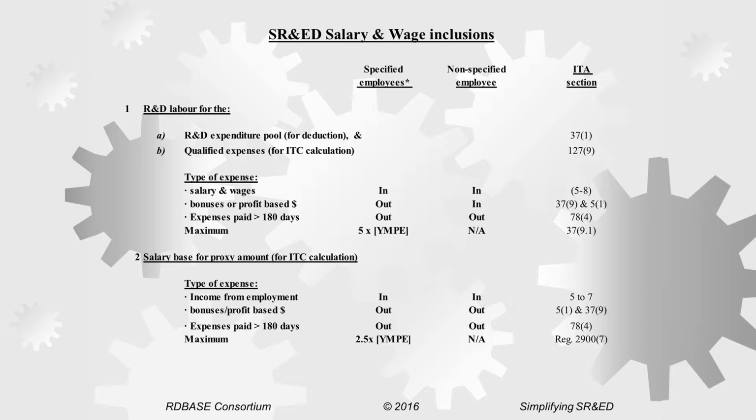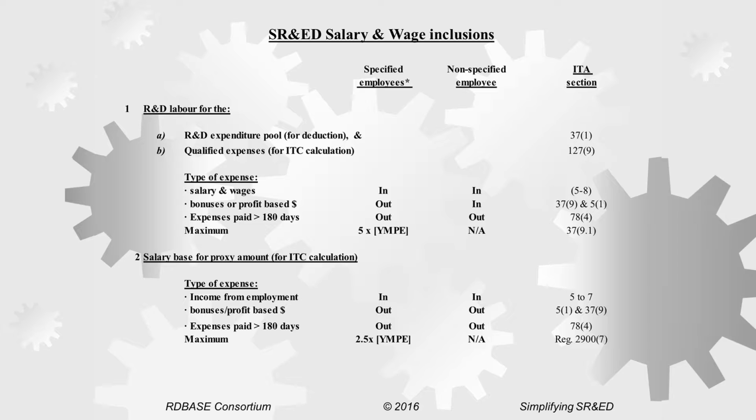That goes up every single year. It's indexed by the Canada Pension Plan. Okay? So roughly it's around $55,000. So it's roughly the first $260,000 I pay myself each year, I can claim an R&D credit. Right? If I pay myself more than that, I pay myself $500,000, I can get credits on the first $260,000.